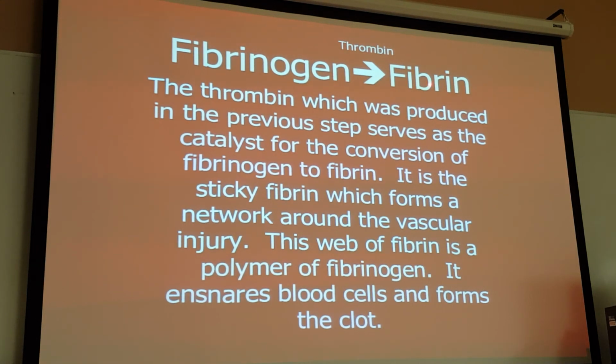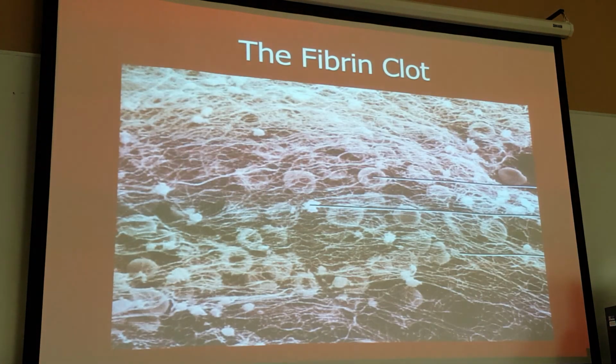And this is the great big long protein, insoluble, sticky, spider-webby protein that adheres, forms a network around the vascular injury, ensnaring red blood cells and platelets and all kinds of stuff like that. Is a great picture. See all the fibrin strands and all the platelets and blood cells caught in there. Great picture of a clot.